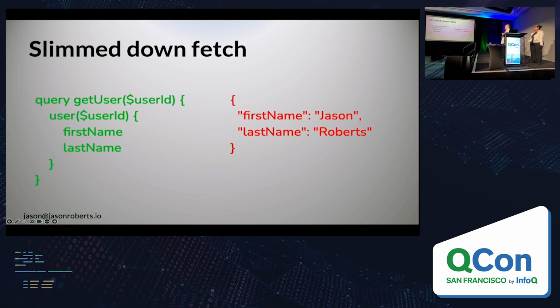So instead of writing a backend for front end, which I would have to do if I were using REST, which would mean that we either start with a backend for front end, which would misalign with the domain-driven nature of the system, or I wrap my domain-oriented APIs around a backend for front end, or vice versa, which increases complexity and reduces maintainability, also not desired. But GraphQL allows me to get around that.